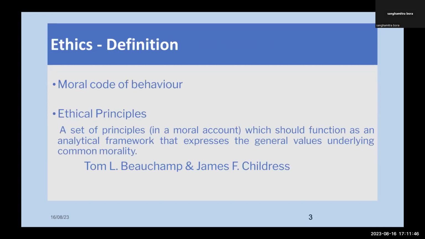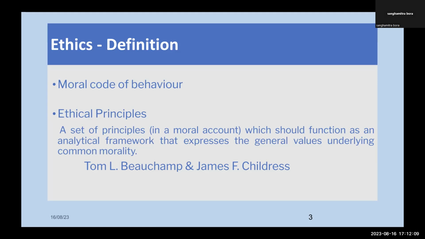So basically, ethics by definition is a moral code of behavior. And the ethical principles are a set of principles in a moral account which should function as an analytical framework that expresses the general values underlying common morality.